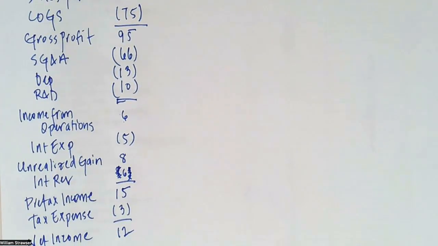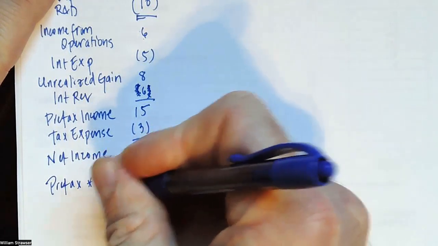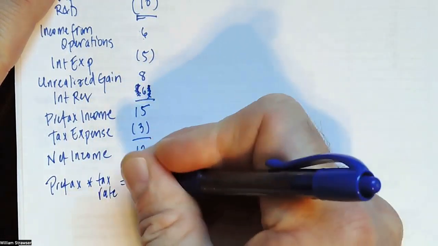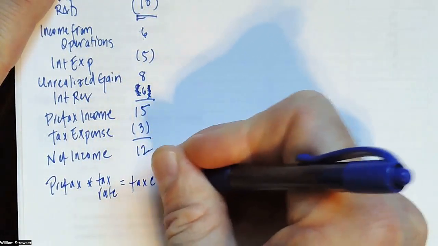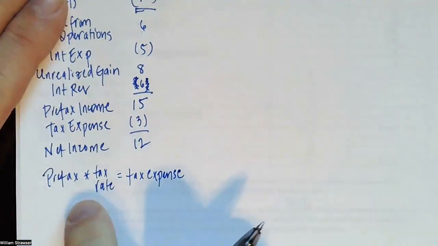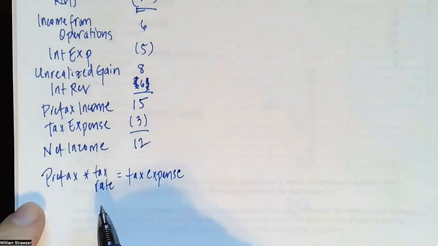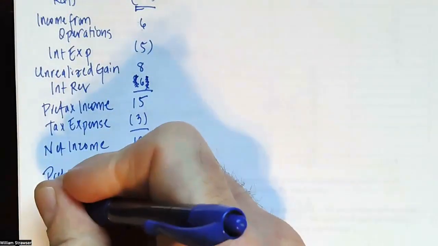However, we can determine the tax rate really easily because pre-tax income multiplied by the tax rate is going to give me the amount of tax that I'm recording. That is just a simple formula refresher from what we were doing in the adjusting entry issues. So take that pre-tax number, 15, multiply it by a number.